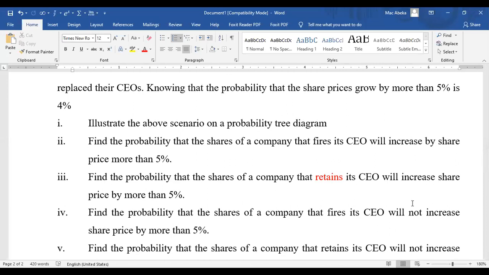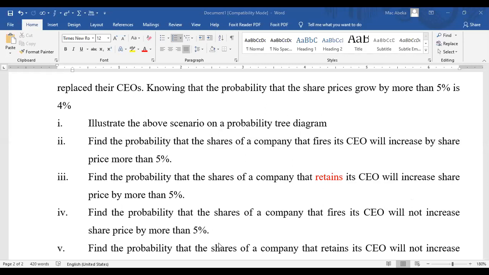Here, firing the CEO is the prior event, and increasing the share price now becomes the second event.